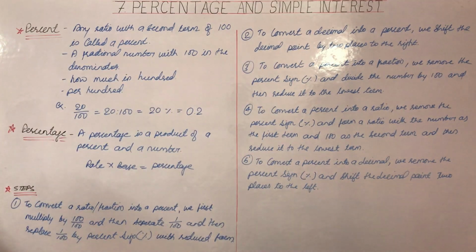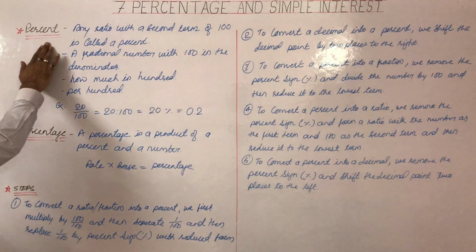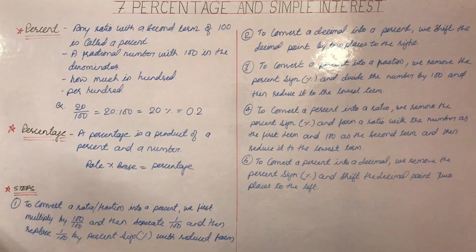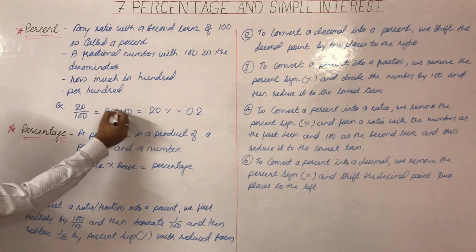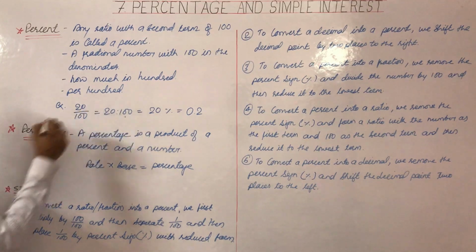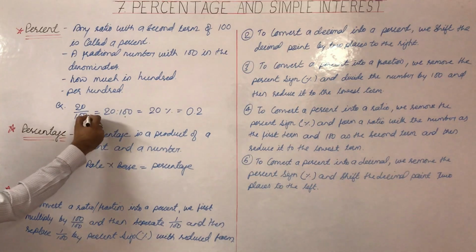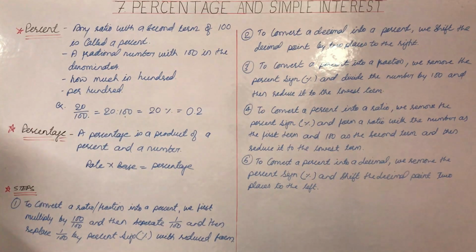What is percent? Percent means how much in 100, or by definition we can say that any ratio with a second term of 100 is called a percent. So, any ratio with a second term of 100, or a fractional number with 100 in the denominator, or simply how much in 100 or per 100.